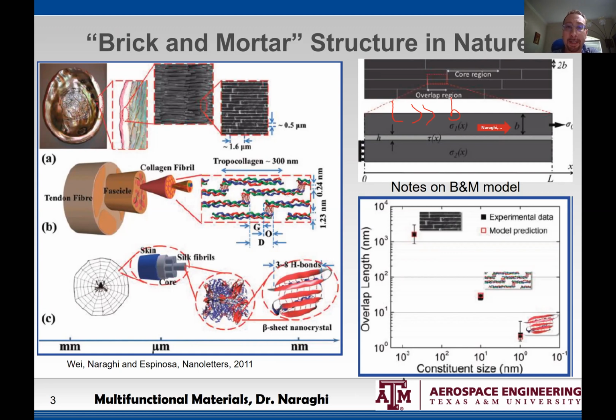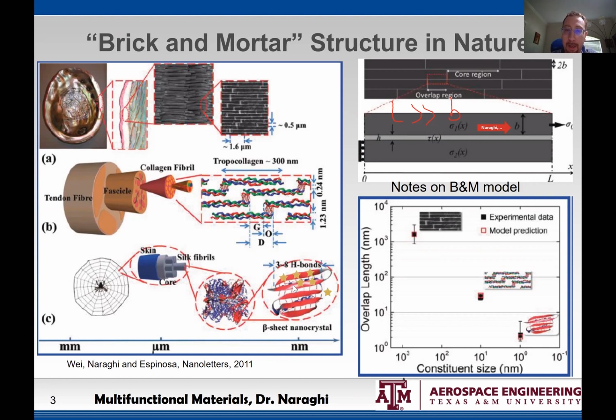Now, if you look at nature materials, the bottom one, if you look at this graph here, millimeter, micrometer, nanometer, these are length scales. The row C is a spider silk. If I look at the smallest building block, I see these beta sheets, which I'm just putting stars on top of.